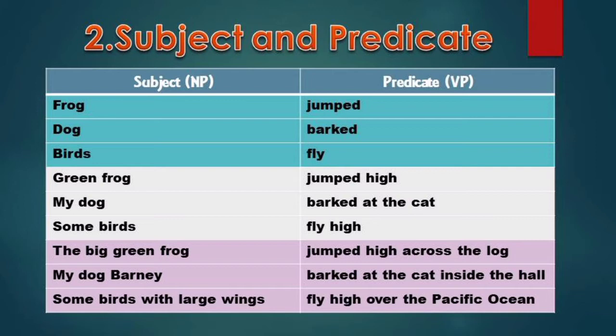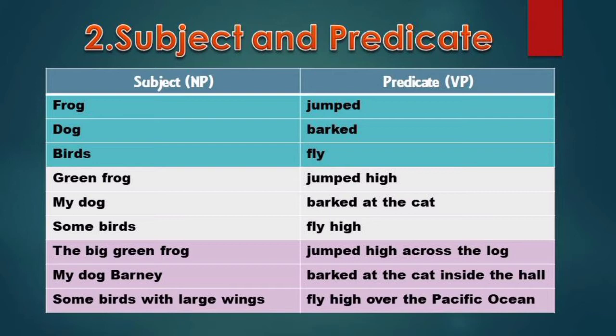The dog became my dog. It is also a subject. And the predicate becomes barked at the cat. And birds became some birds fly high. Some birds became the subject and the predicate becomes fly high.